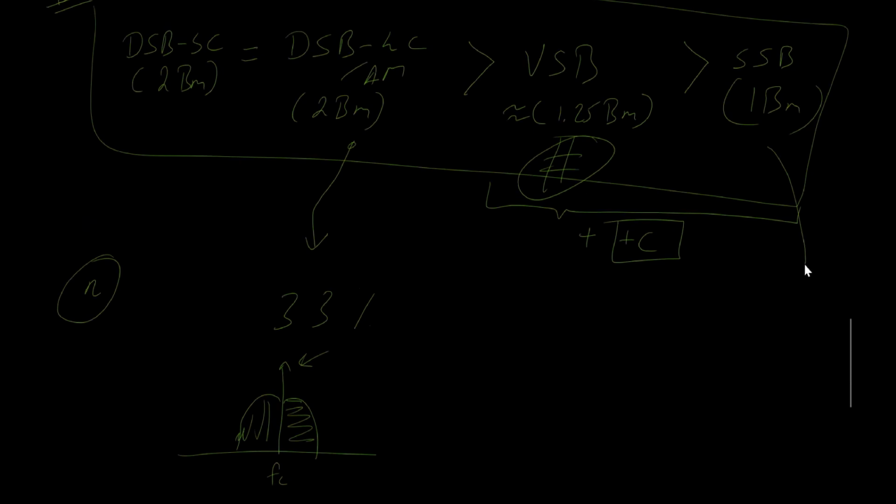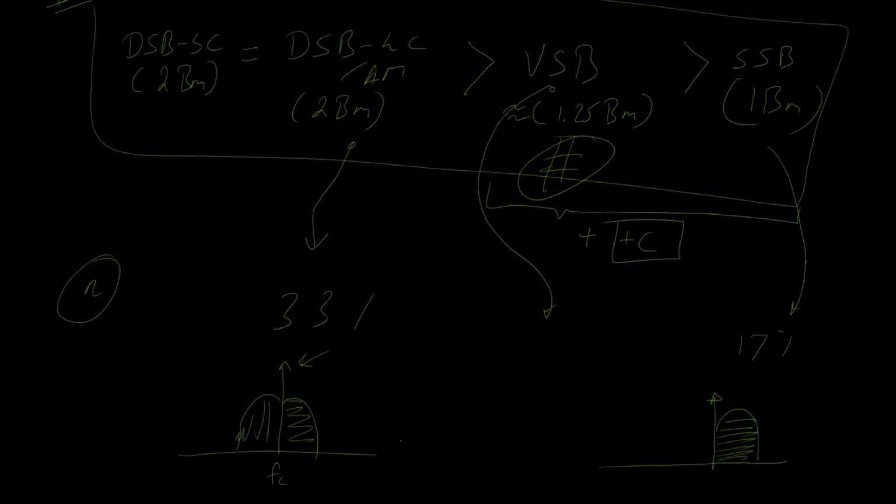So when it comes to SSB, now we have one large carrier and then we have just one upper sideband, right? In this case, the power efficiency reduces to roughly around 17%, right?